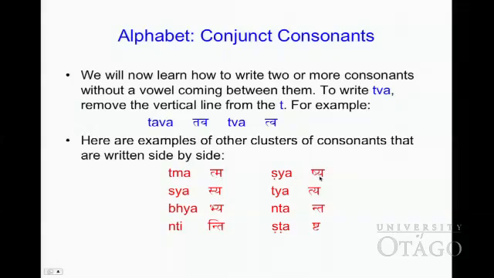Shia, sia, tia, pia, nata, nati, and shtaha. You can see you just remove one vertical line from the first consonant and then you put it together. This we call conjunct consonants.